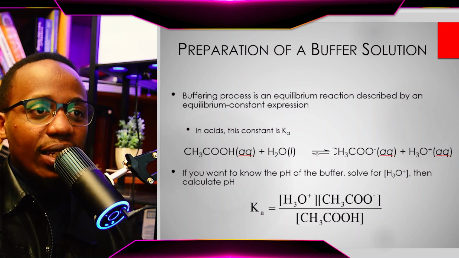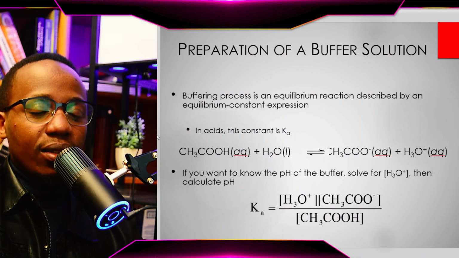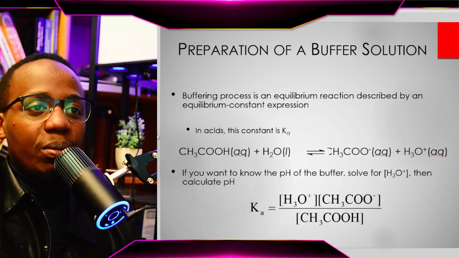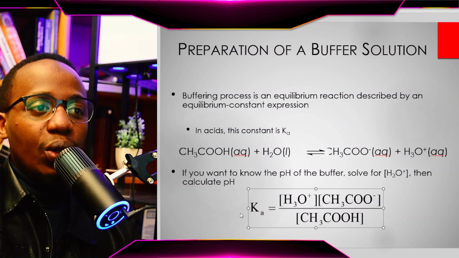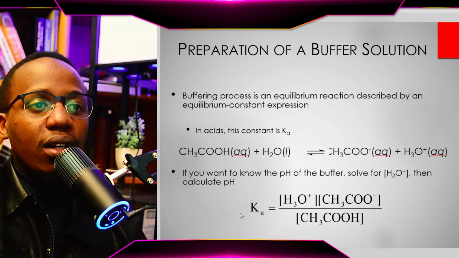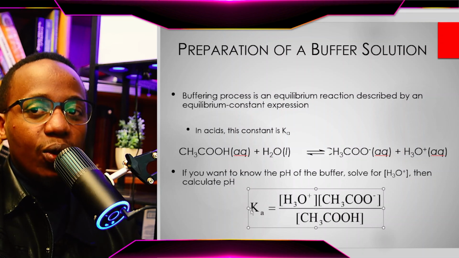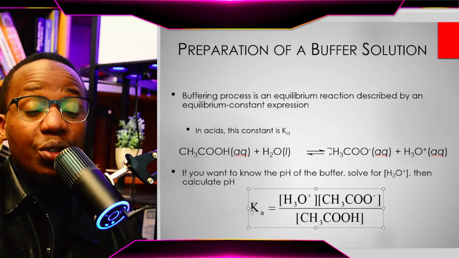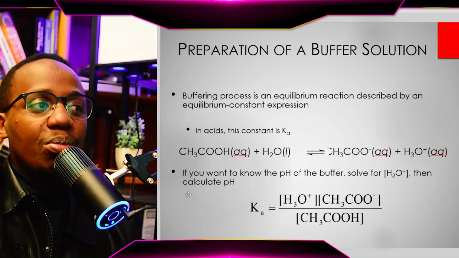If you have an acid like this, you have to find the equilibrium constant. The equilibrium constant of the acid, we call it Ka, or the dissociation constant of the acid. Most acids will give you this number because it's a constant. For most acids, you'll be able to look up this number, or you will be given this number in the problem.